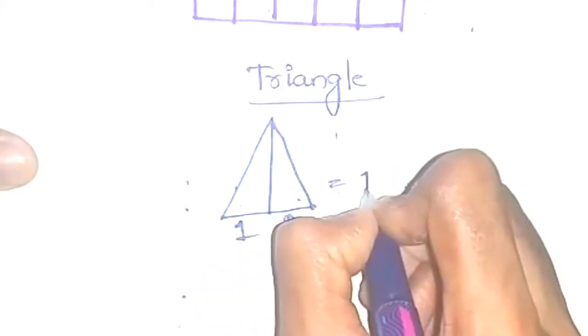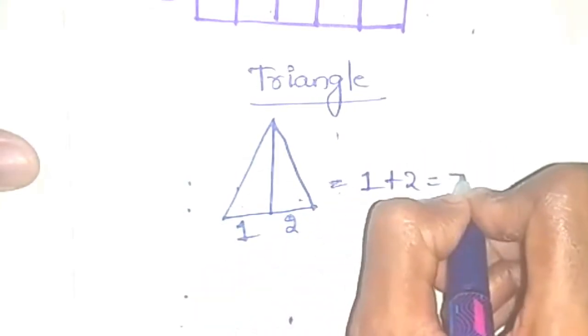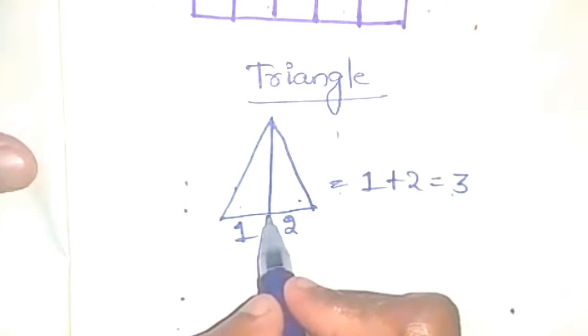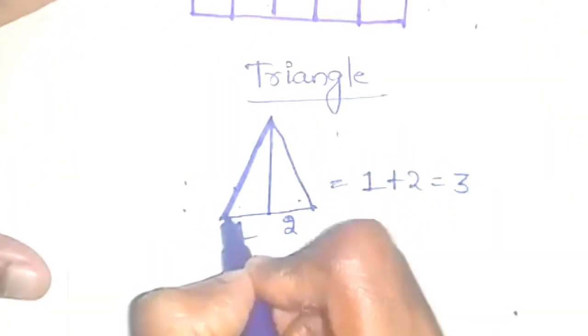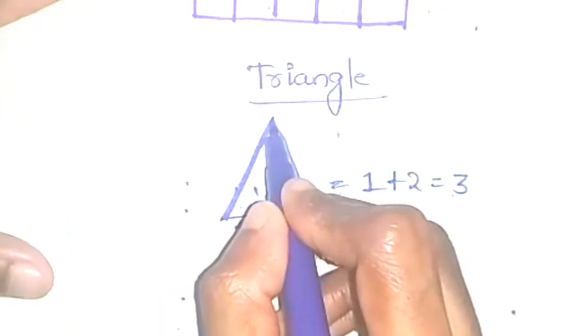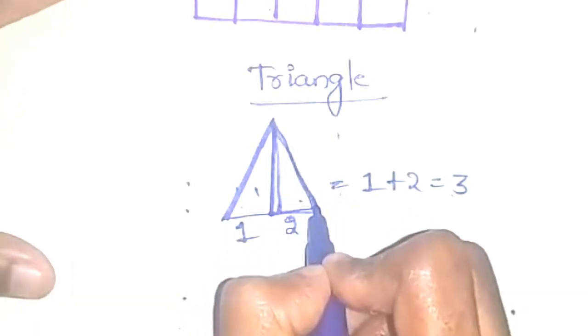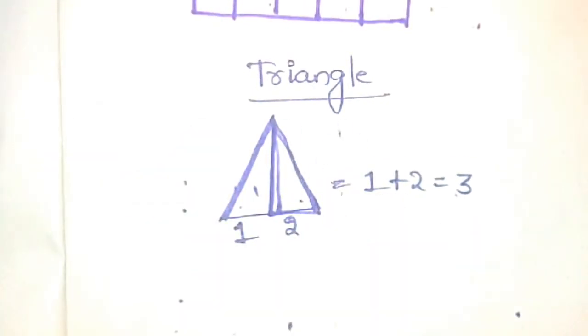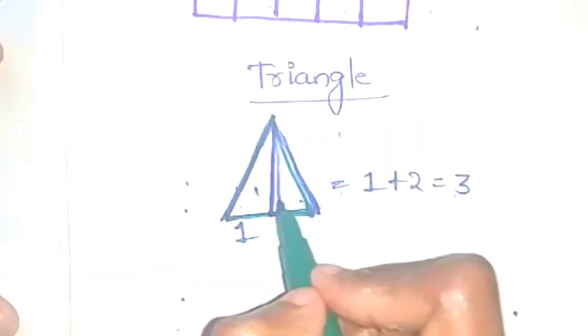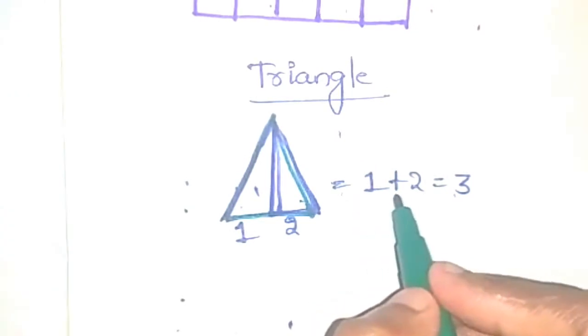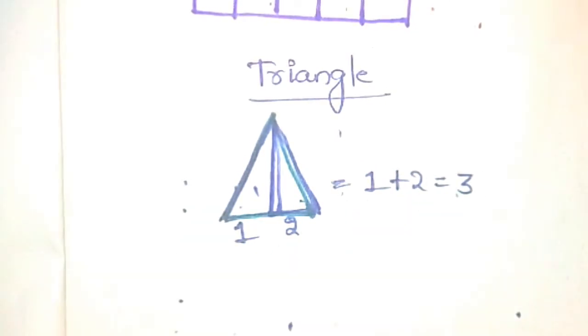Now add both of these. 1 plus 2 is nothing but 3. So now the number of triangles in this triangle is, this is your triangle 1, this is your triangle 2, and this whole triangle is called the third triangle. So now how many triangles are there? 3 triangles.